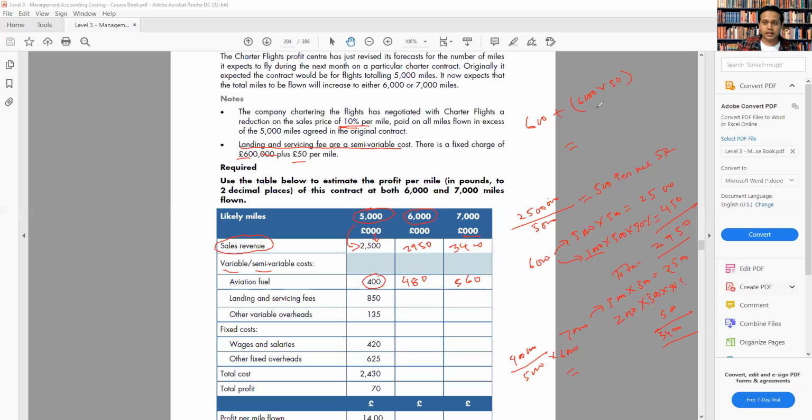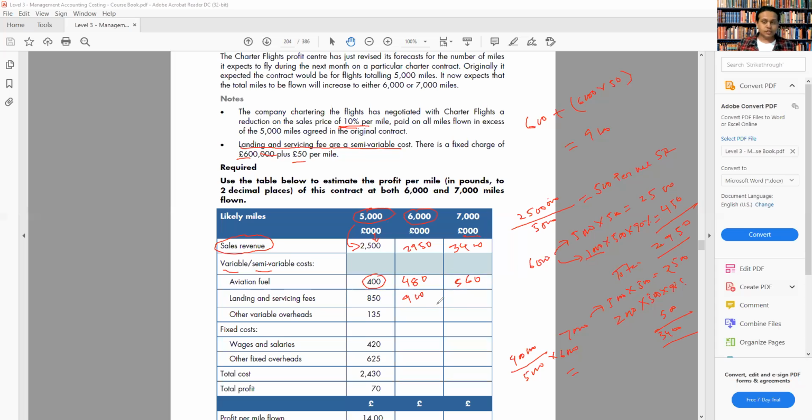So how much will it be? 6,000 times 50 plus 600. So how much is it? 6,000 times 50. Then we have, so this one we have 900, isn't it? 900. We are not taking the 30, so only the 900.